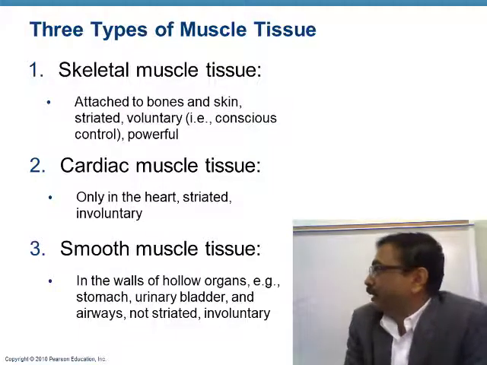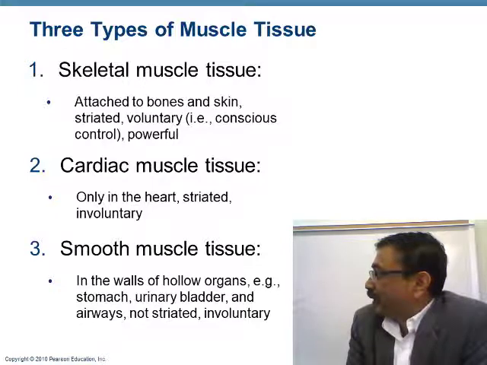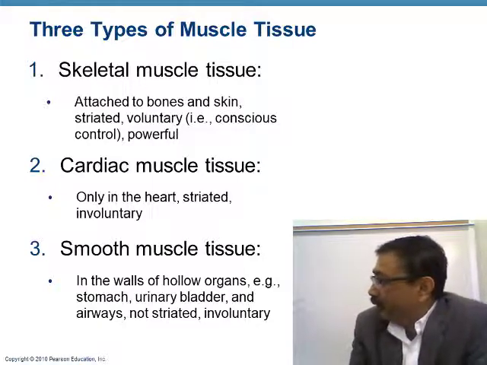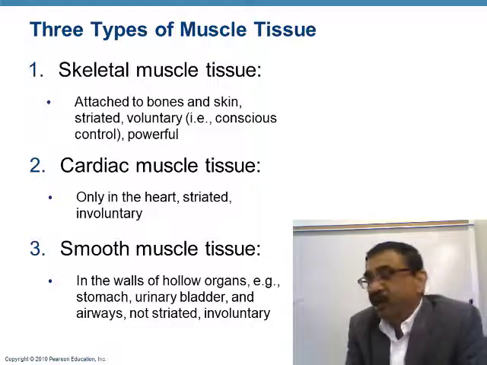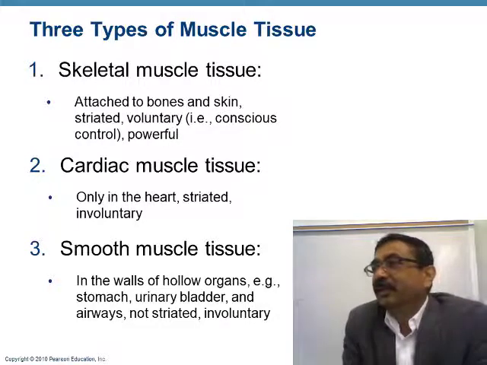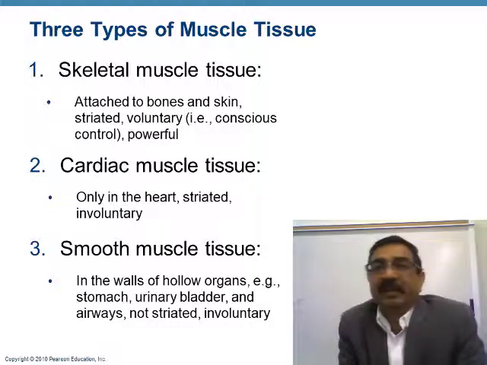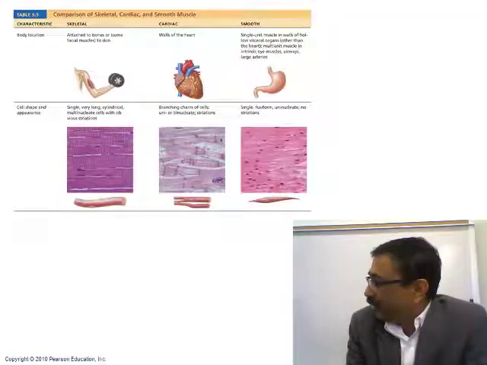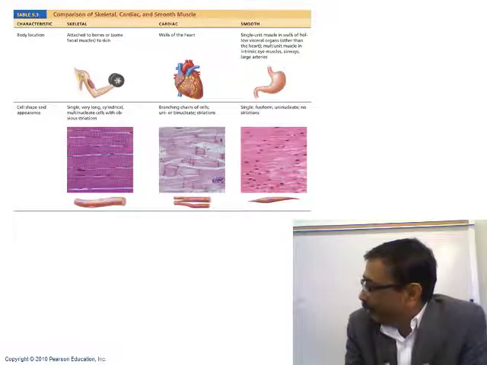You have learned that in your lab part, so you already know that. You know that cardiac and smooth are involuntary, skeletal is voluntary. And you have also examined those muscle tissues under the microscope, so you have already learned about that.